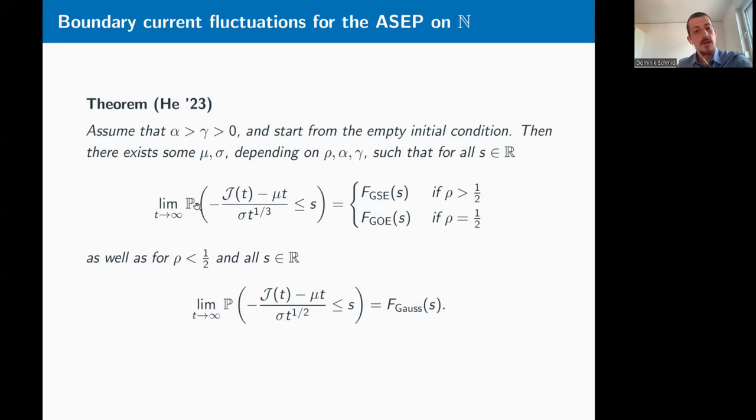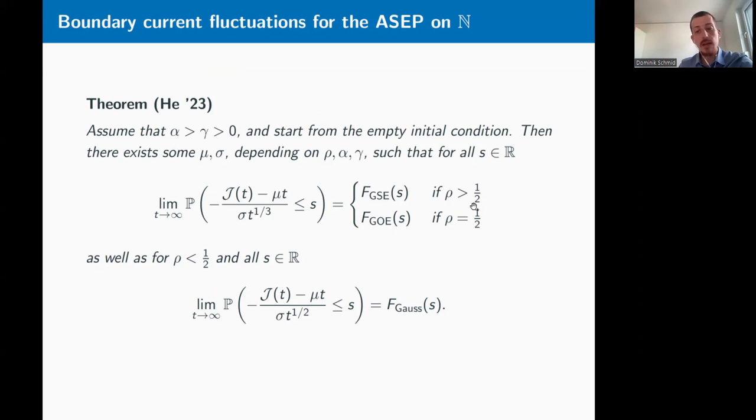This is a very nice, very recent work by Jimmy Hin. It says that under our assumptions from the theorem for the limit profiles before, if we look at the number of particles J_t entering the ASEP on the half line, it satisfies a law of large numbers, and it also satisfies this convergence theorem.